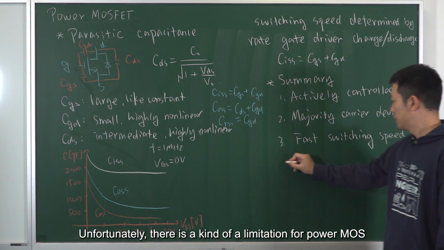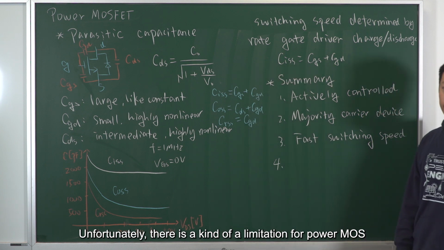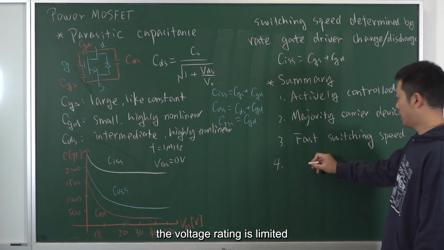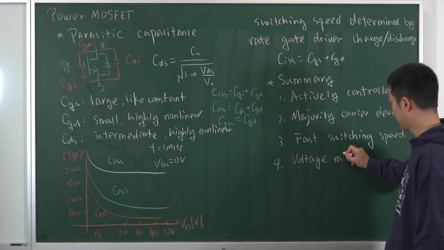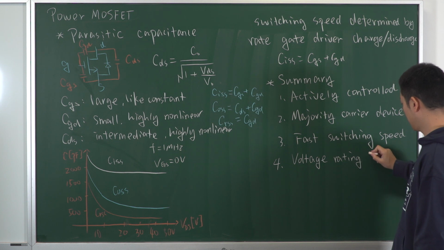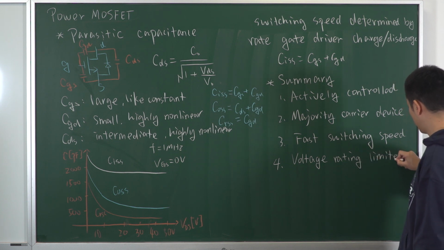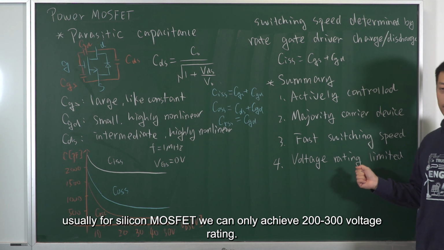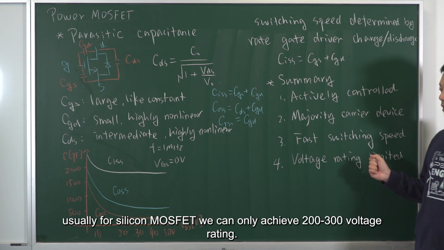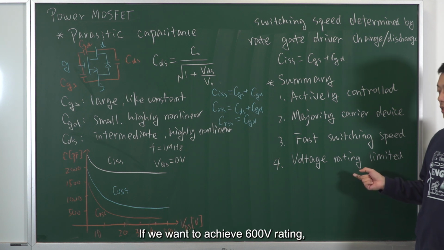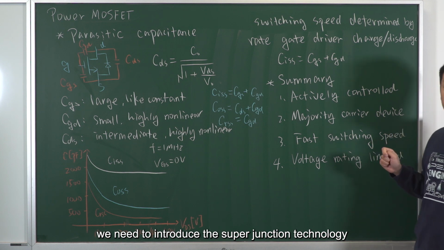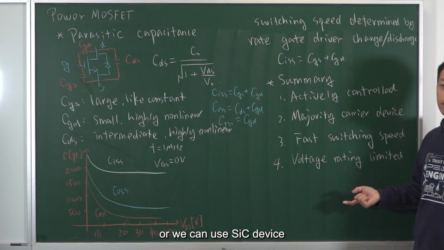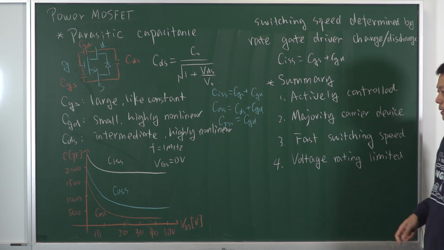And fourthly, which is kind of a limitation for power MOS, the voltage rating is limited. Usually for silicon MOSFET, we can only achieve like 200 to 300 volt rating. If we want to achieve like 600 volt rating, we need to introduce the superjunction technology, or we can use a silicon carbide device.